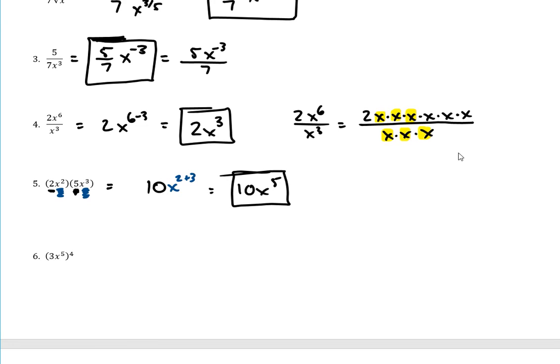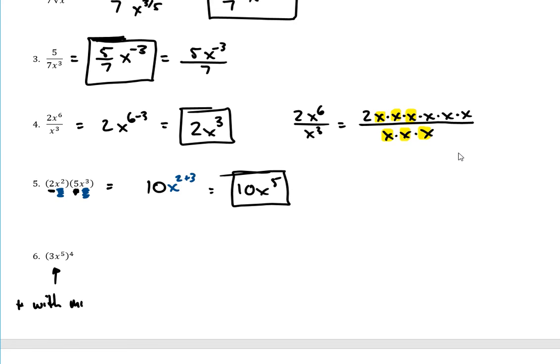And then one other, whenever you have, so this 3x to the 5th, to the fourth afterwards, this is when you have a power raised to a power. Now, it's kind of like distributing. So this is only multiplication. So let's make sure we know the difference.